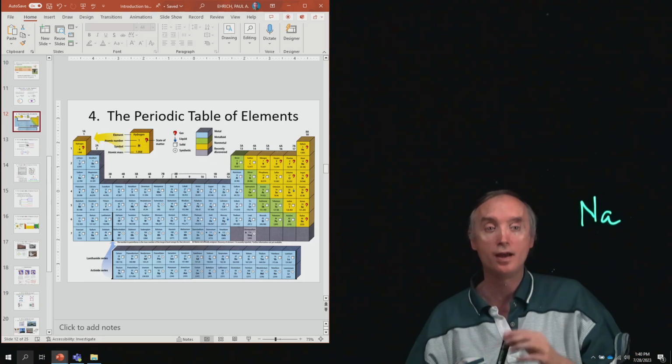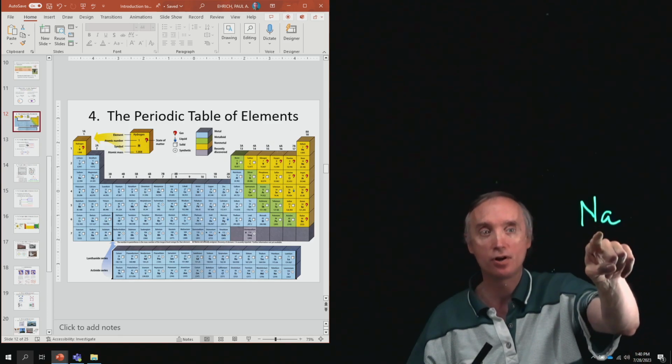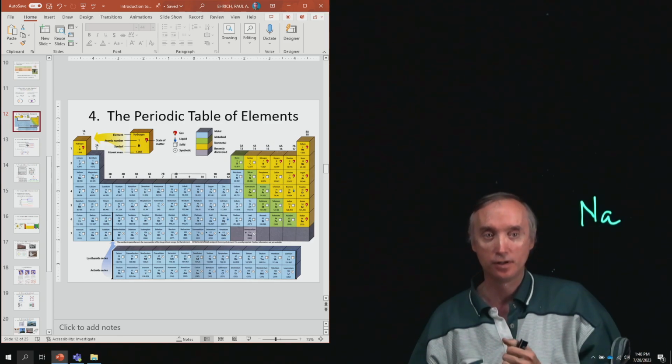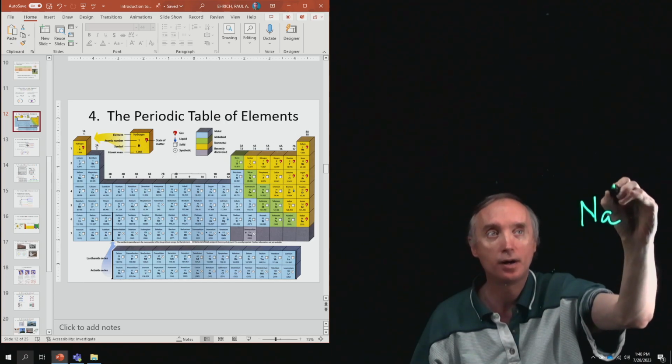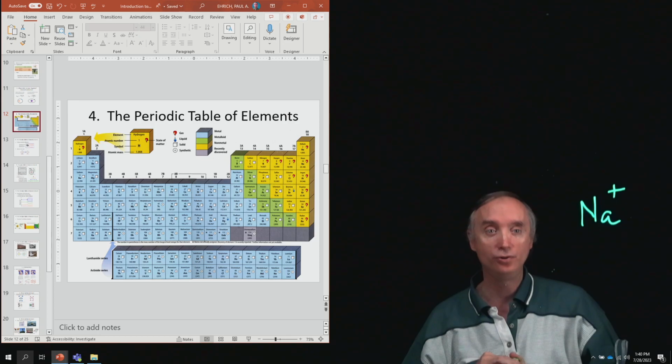Now if it gives away a negative electron, what's the charge on the sodium now? It's going to be positive. Sodium doesn't care who it gives its electron to.